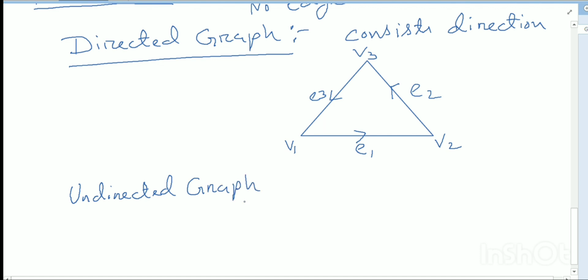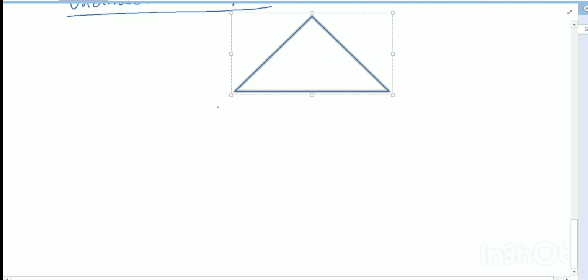An undirected graph does not consist of directions on the edges. So I will draw an example. This is what I am drawing, and you see that V1, V2, V3 are in an undirected graph, with no direction on the edges. That means E1, E2 and E3 are edges, and V1, V2, V3 are vertices.